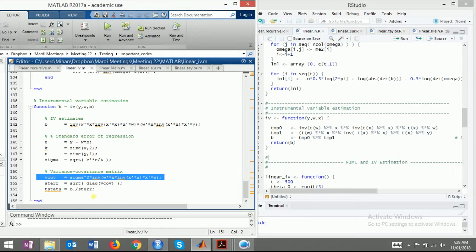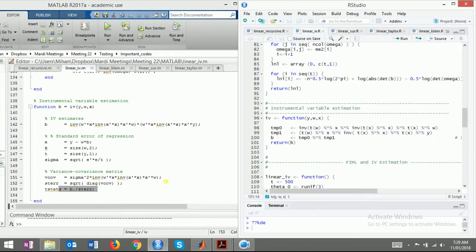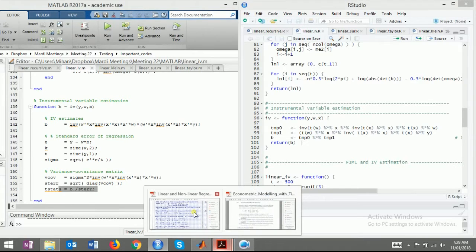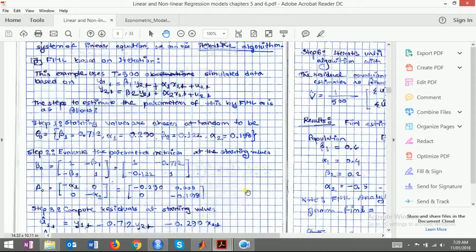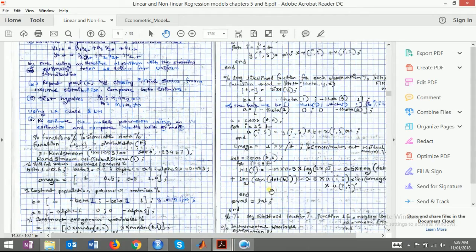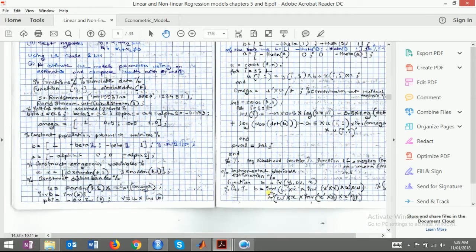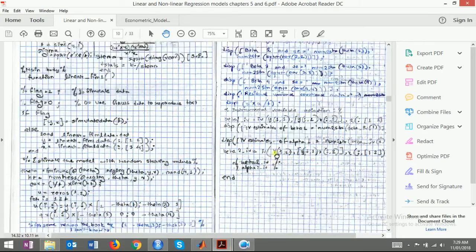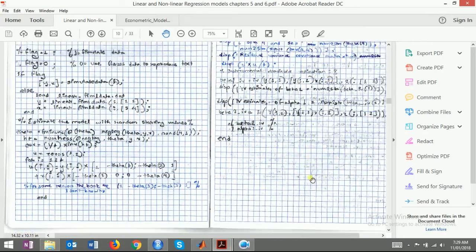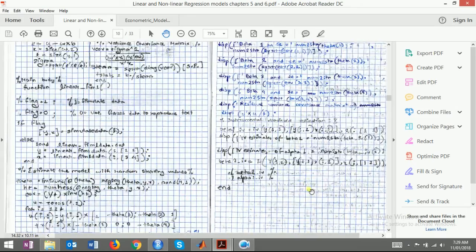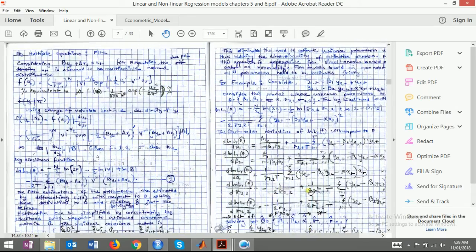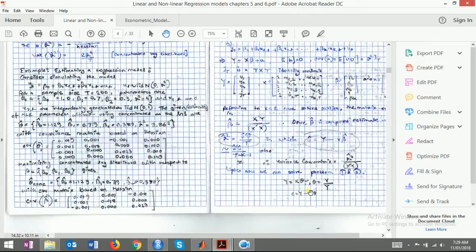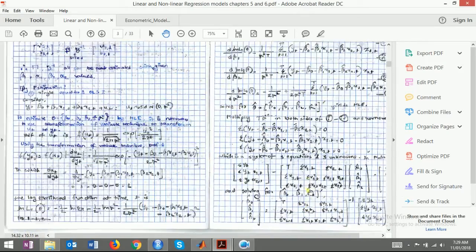sigma square. Let me go back into our notes to show you where this sigma square is coming from. Just need to go to the discussion that was talking about instrumental variables. Bear with me a minute. No, this is today's topic. So this is where it all began. Simultaneous.